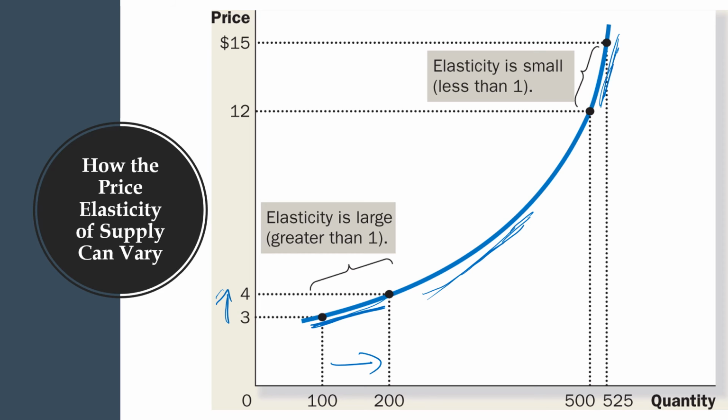Because we're already using our full capacity, and increasing production further requires even the construction of new plants, and that takes a lot of time. So to induce firms to incur this extra expense of building new plants and increasing the size of their factories, the price must rise substantially. So in this case, supply becomes much less elastic.